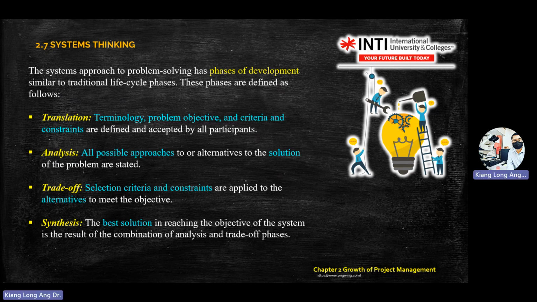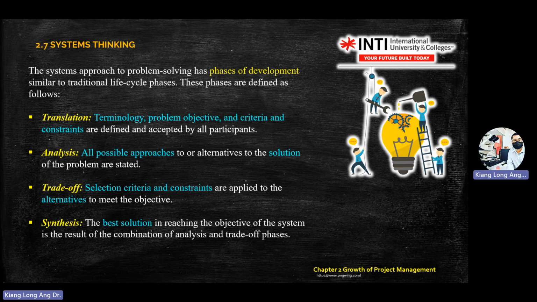If you see the words life cycle phases, that is the 5 phases just now in the previous slides. If the question mentions system thinking or system approach to solve problems, it means you need to give these 4 answers, not the previous one. Try to differentiate the two, system thinking and the life cycle phases. They are different things.